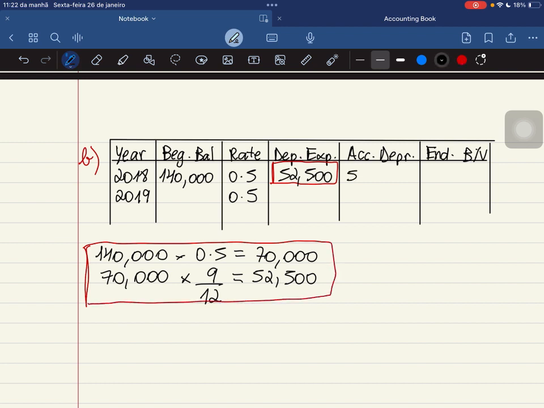Okay, accumulated depreciation, we don't have anything up to this point. And the ending book value is the beginning minus the depreciation expense of that particular year. 87,500, which equals the beginning book value. And this year is a full year depreciation, so no problem, you can just multiply it by the rate.